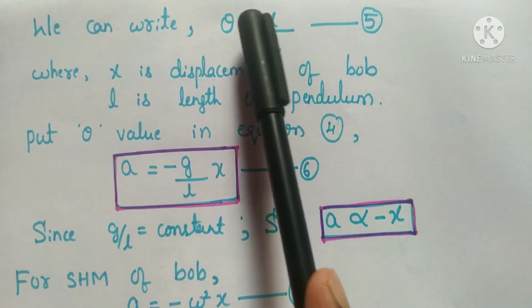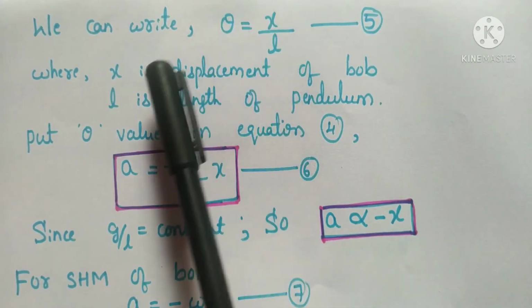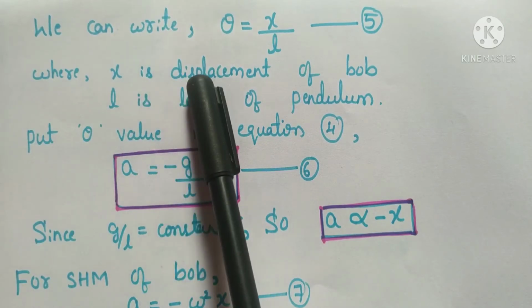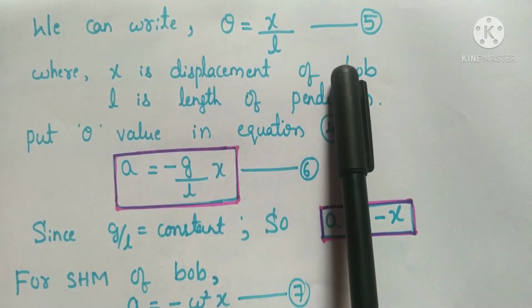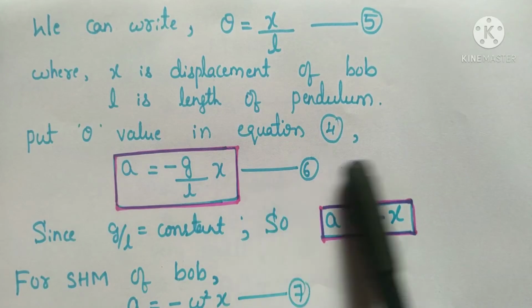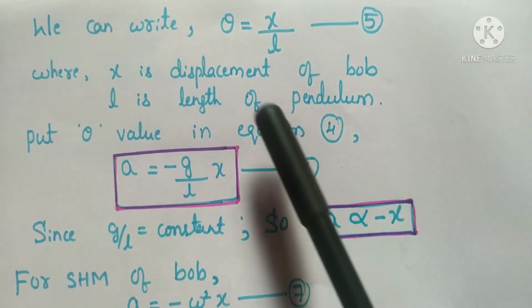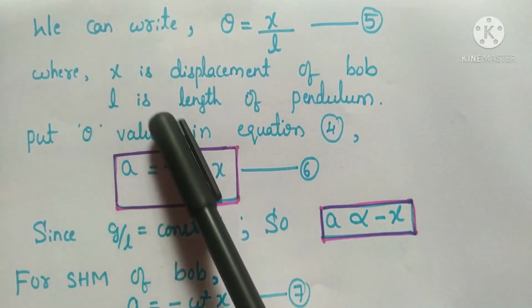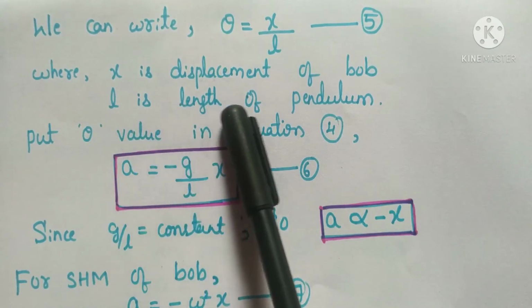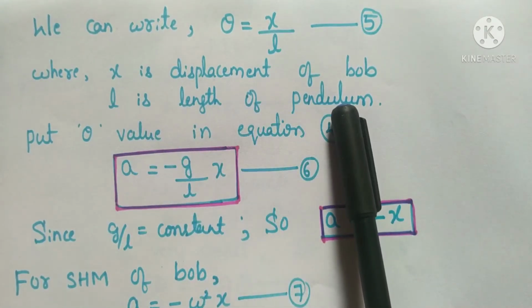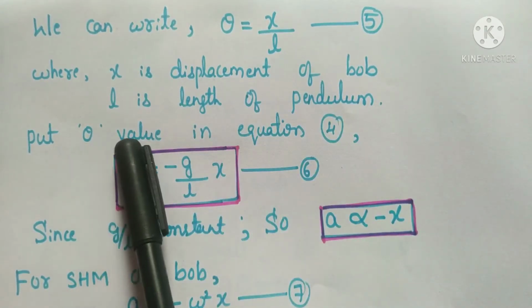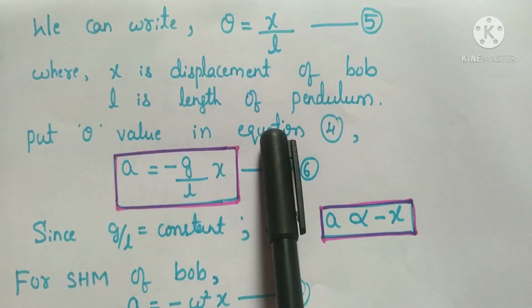In the numerator, x is the displacement of the bob. When we drag the pendulum bob to one of the extreme ends, it has a certain displacement, that is x, and L is the length of the pendulum. Now I will put the theta value in equation number 4.